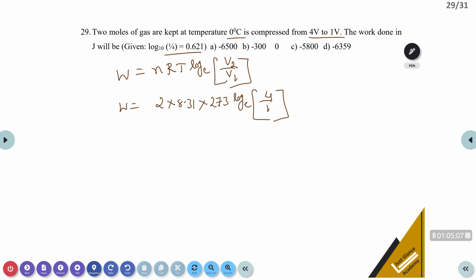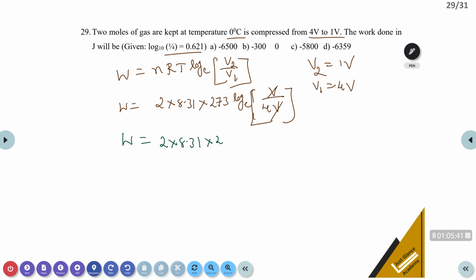He has given the log to the base e. Here, one minute, I made a mistake. V2 equals 1V, V1 equals 4V, so I made a mistake here. This becomes V divided by 4V. This V gets cancelled. So work done equals 2 into 8.31 into 273 into log to the base e of 1 by 4.